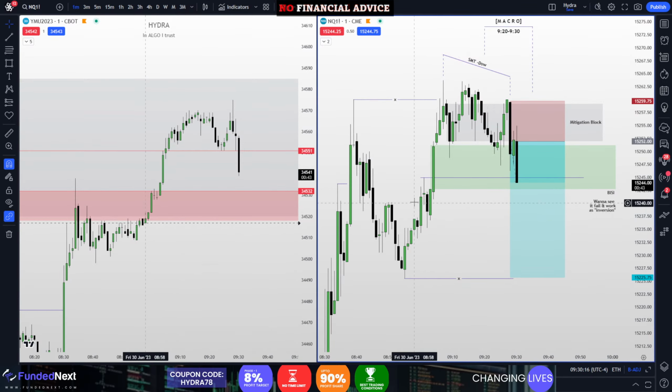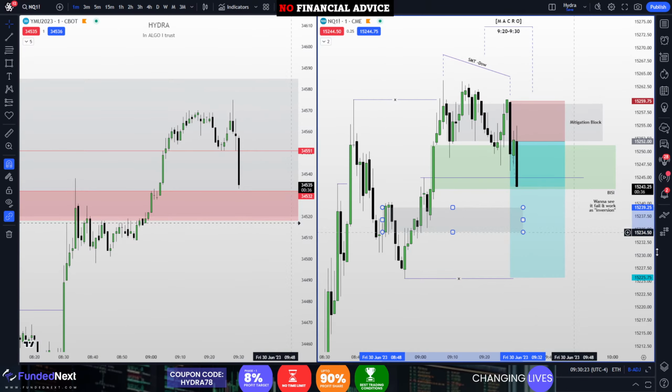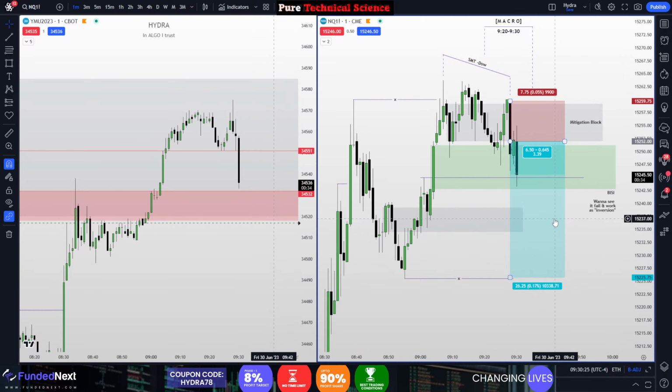I would like to take a partial like here at this candle. So suppose there's a partial right here.